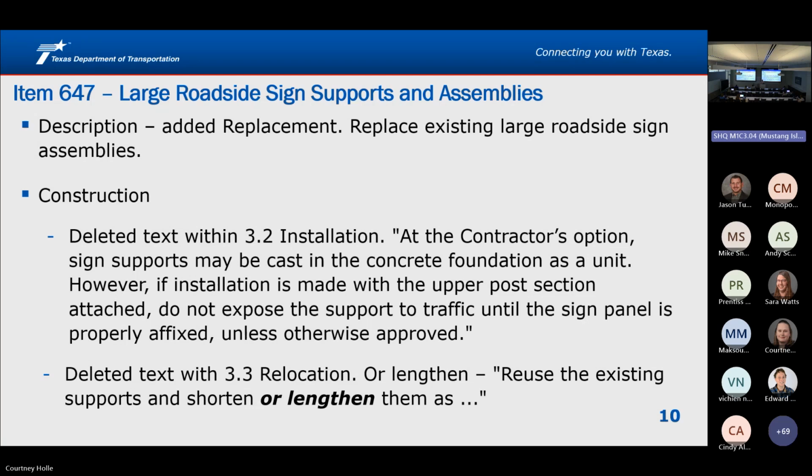Item 647, large roadside sign supports and assemblies. In the description, added replace existing large roadside assemblies, which they weren't using in Mark's contract. I don't know why, but in construction, they deleted the following text: at the contractor's option, sign supports may be cast in concrete foundation as a unit.